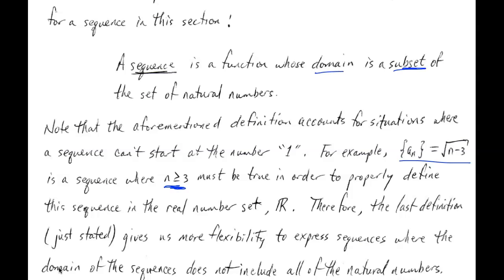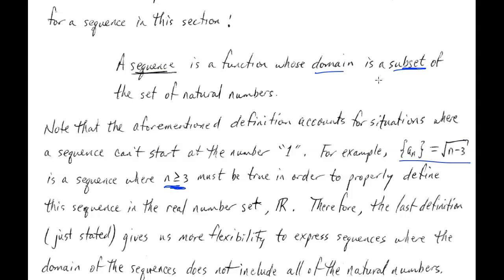Now for a sequence whose lowest number in its domain is 1, which is the lowest natural number, notice that that is proper because any set is a subset of itself. That's one of the basic things that we know about set theory.